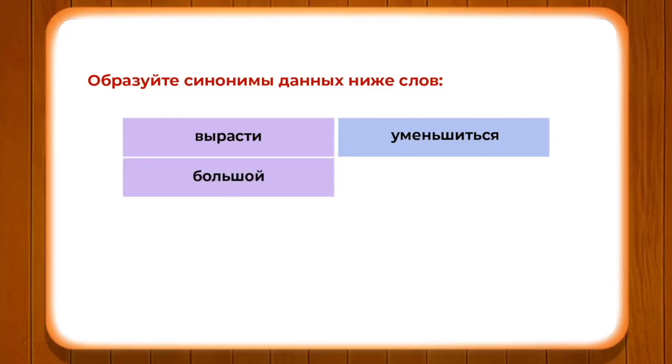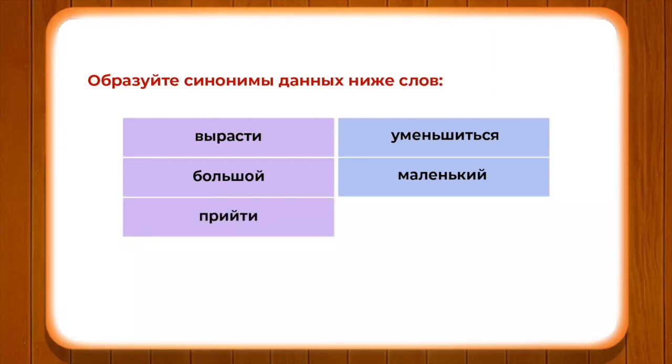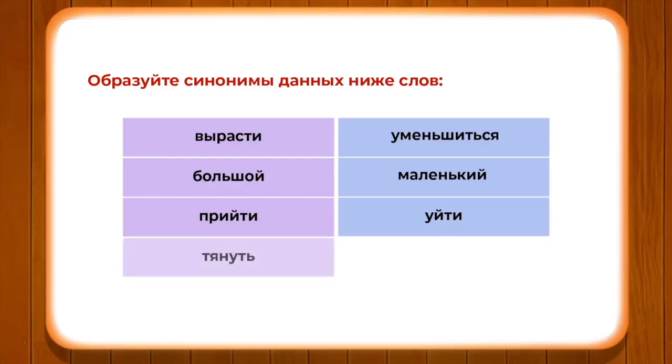Большой is the next word. So большой, and antonym is маленький. Маленький. Next word we have прийти, to come in, and the antonym is уйти. Next word we have тянуть, and the antonym is толкать.